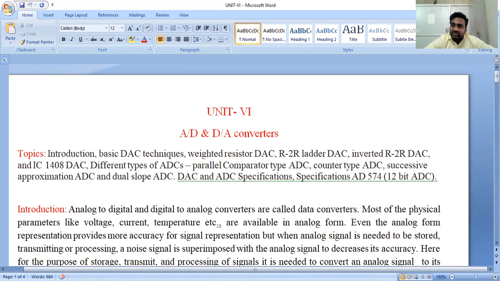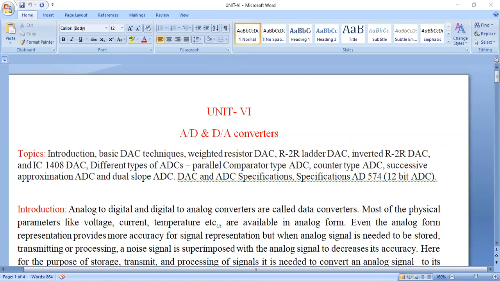So what we discussed in the previous class, in the basic introduction with respect to the concept of data converters: what is meant by a data converter? Mostly we discussed the concept of electrical physical quantities like voltage, current, temperature.